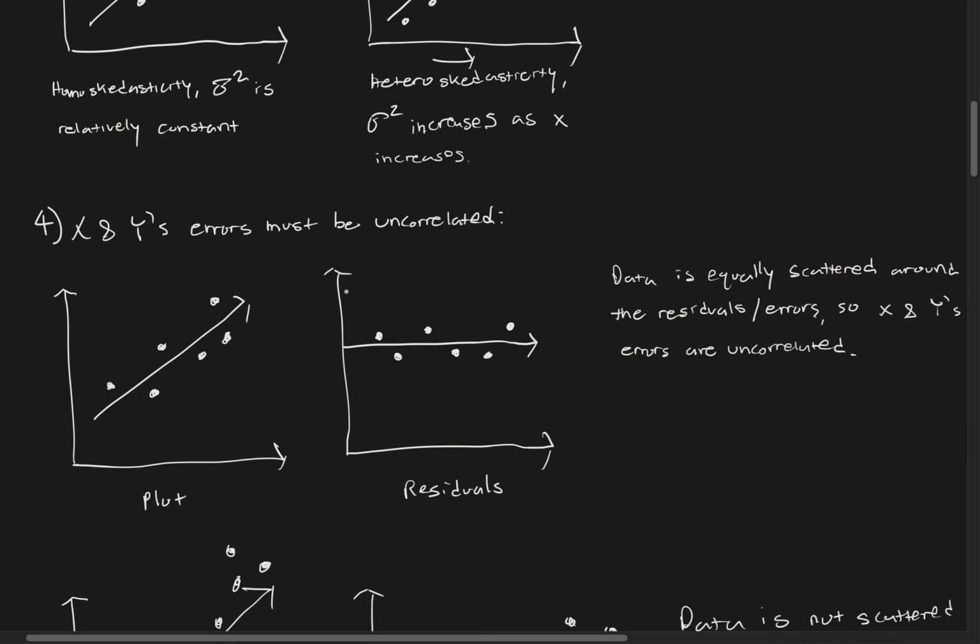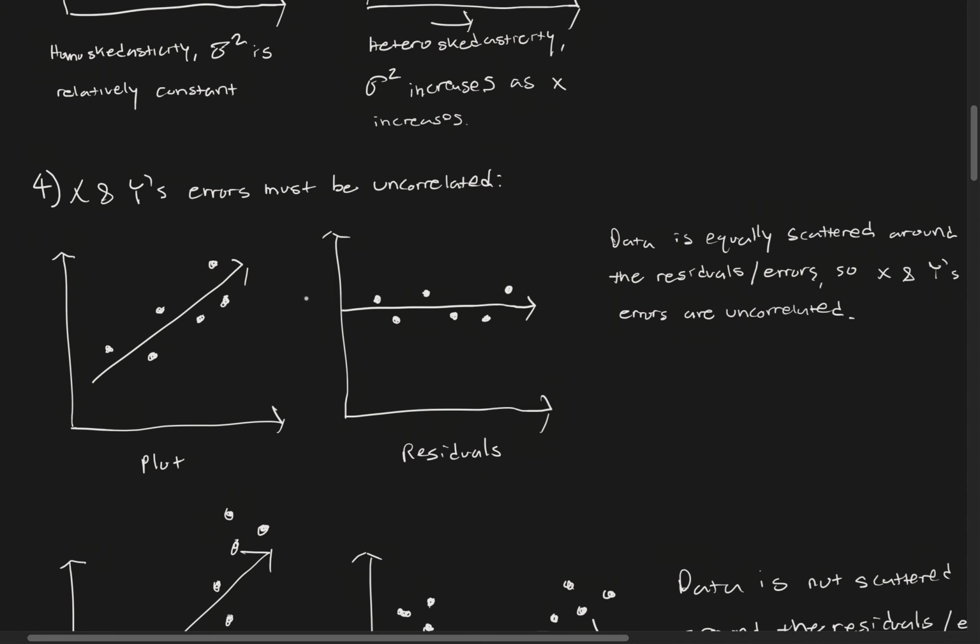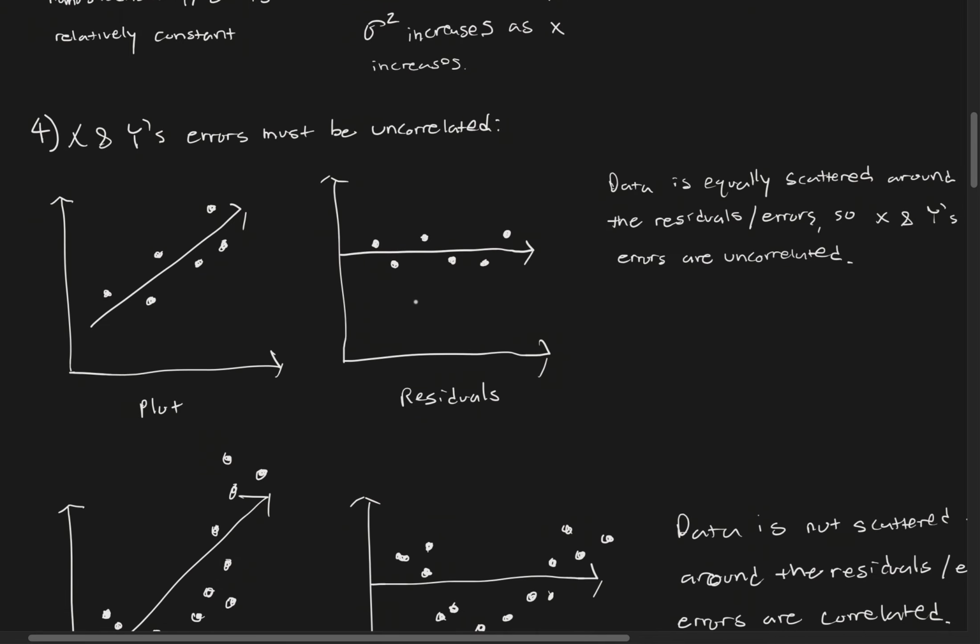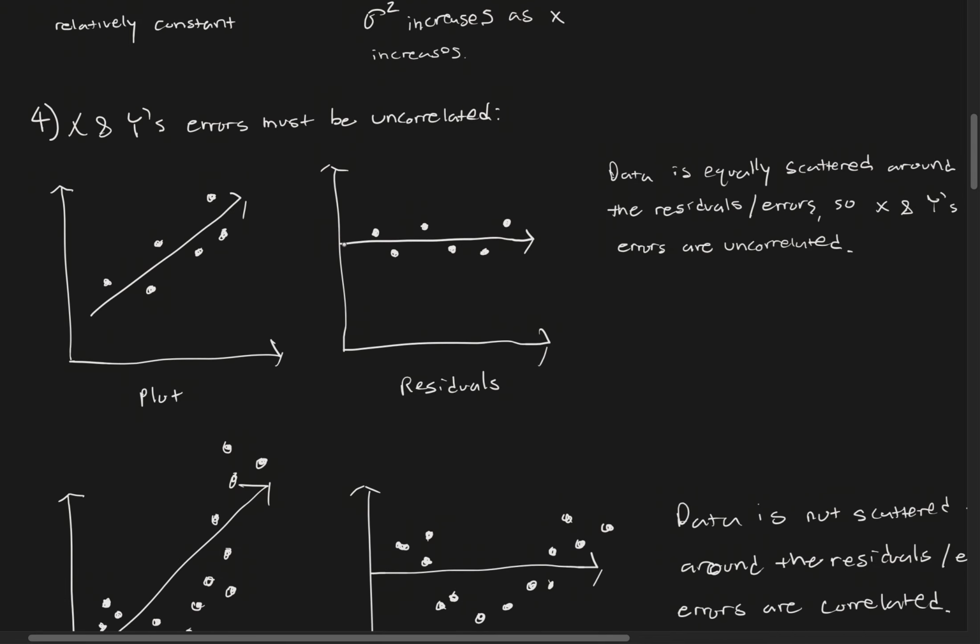All right, fourth assumption: errors must be uncorrelated, or x and y's errors must be uncorrelated. So if we draw the residuals, which again are the differences between the data points and the actual fitted line, this horizontal line is only trying to show the vertical differences between the predicted and the fitted value.